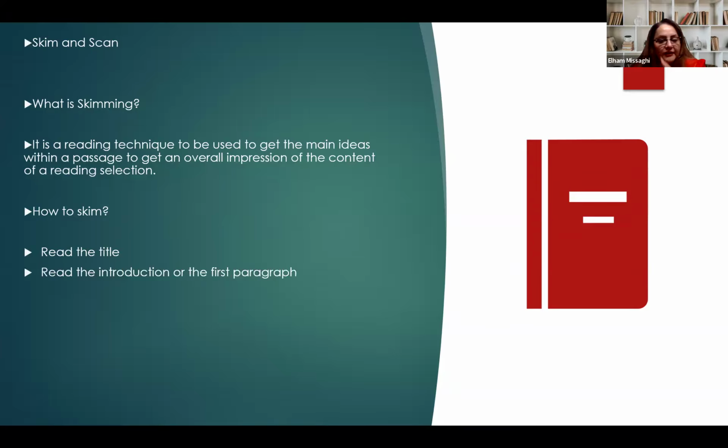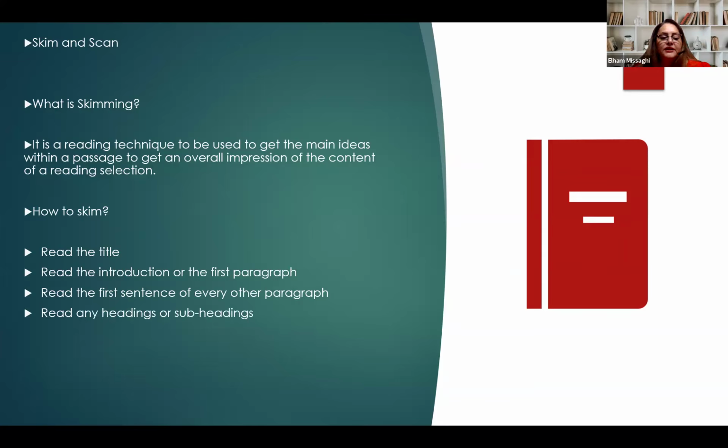So they can read the title and guess what it's about. They can read the introduction or first paragraph and understand what the text is about. Even for each paragraph, they can read the first sentence and get the overall idea of the text. Like when you read a magazine or newspaper, you go through the headings and subheadings, you get the idea. Then the headings which are interesting for you, you go through the whole thing, right? That is skimming.